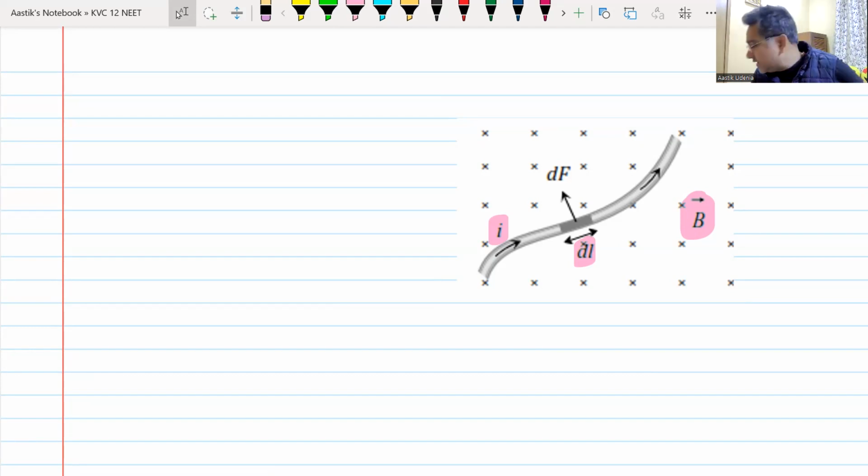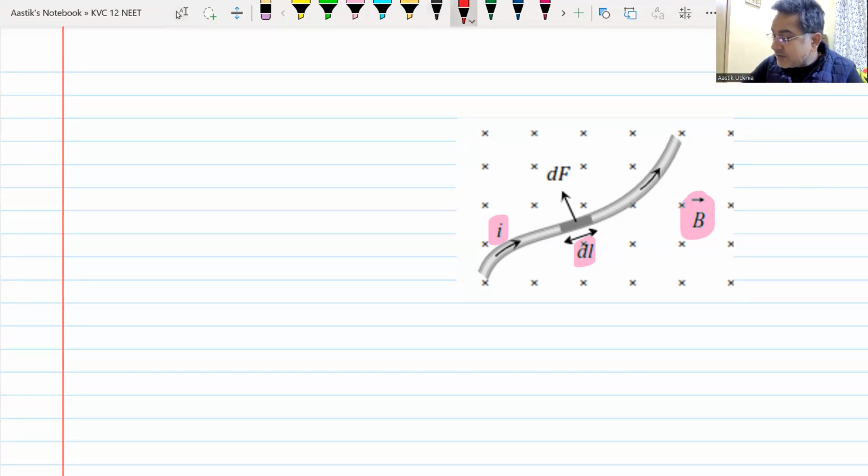Because of these moving charges, you have current. A moving charge experiences magnetic force, and on similar lines, this small segment of the wire will also experience force.